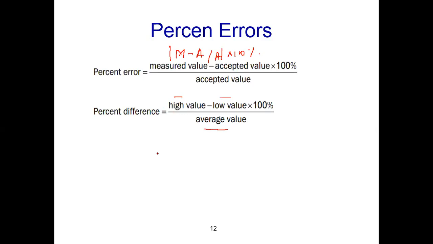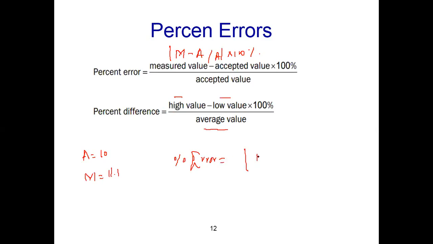For example, if you are performing an experiment and the actual result is 10, but the measured result is 11.1, what is the percentage error?